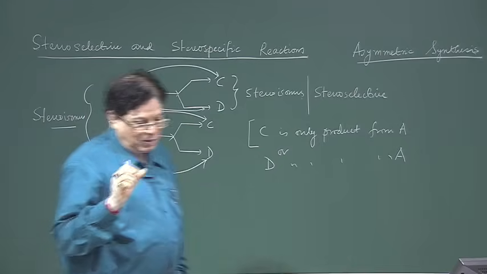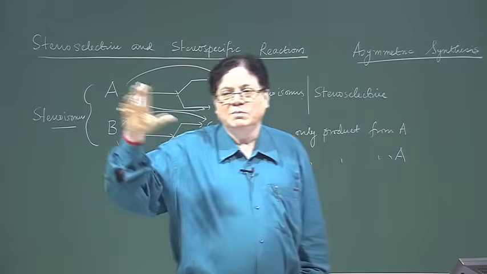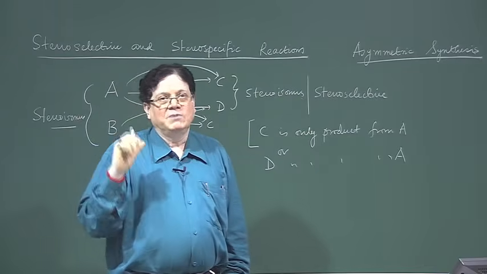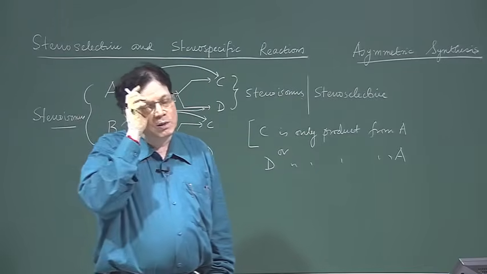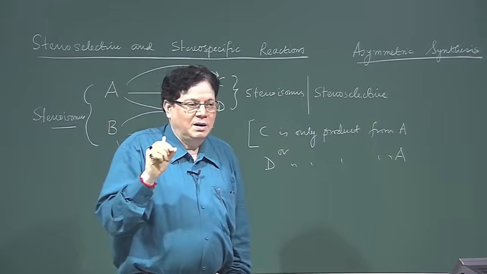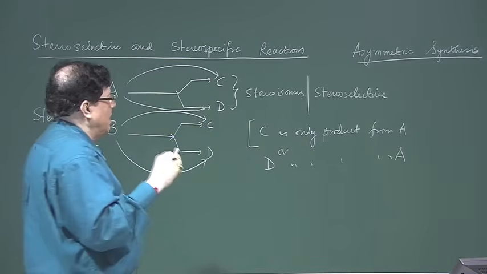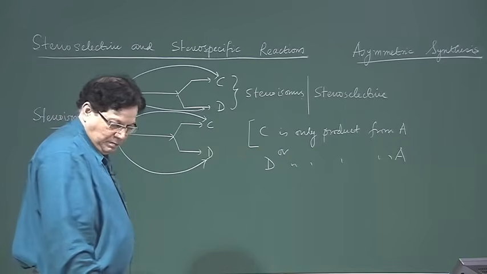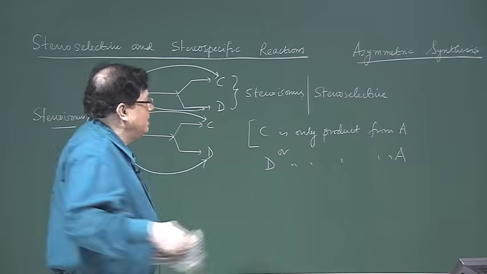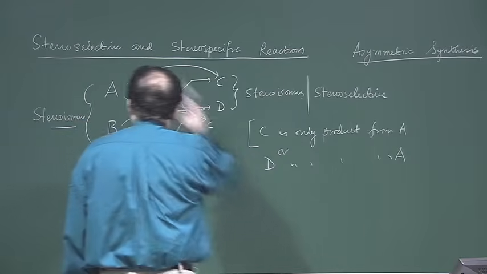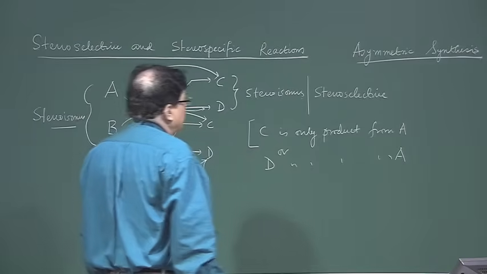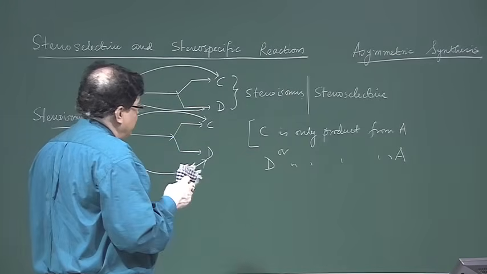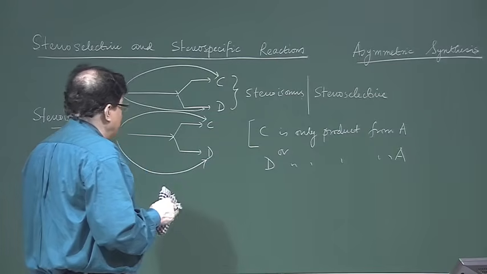That means, if I take one compound and from that compound there is a possibility of generation of different products, the products are related by stereoisomerism, and if only one product is obtained and not the other, then that is called a stereoselective reaction. Okay. Now, actually in the organic chemistry books, these terms are frequently used in place of one another. However, what I am talking about is the strict definition of a stereoselective reaction.